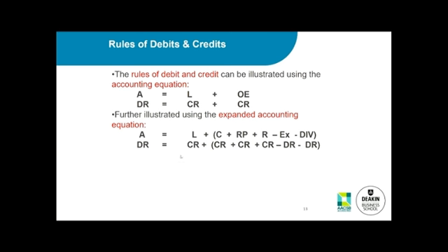So if we restate the whole accounting equation, the capital is a credit, the retained profits are a credit, the revenue is a credit, the expenses are debits, and the dividends are debits.